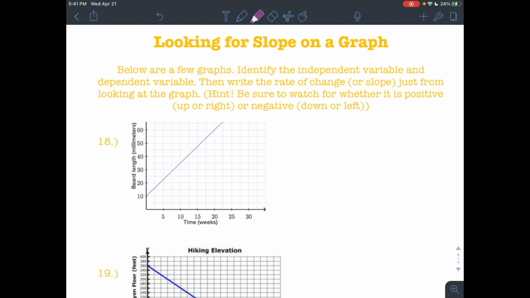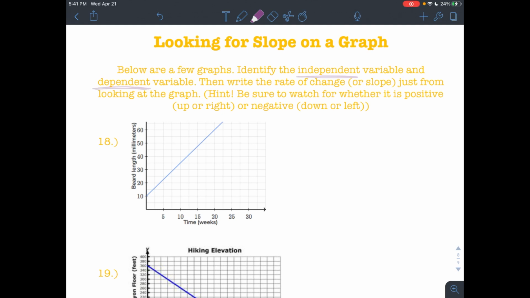Lastly, on this next section, what you're going to do is look at 3 different graphs and try to gather information from them. Look at their labels. For example, in this first one, we have time in weeks and we have length in millimeters. I want you to identify which one is your independent variable and which one is your dependent variable.